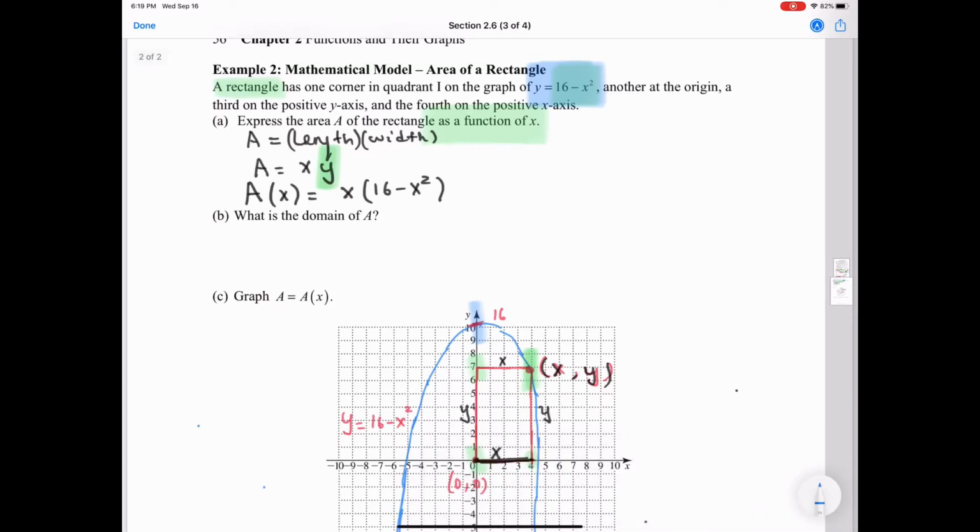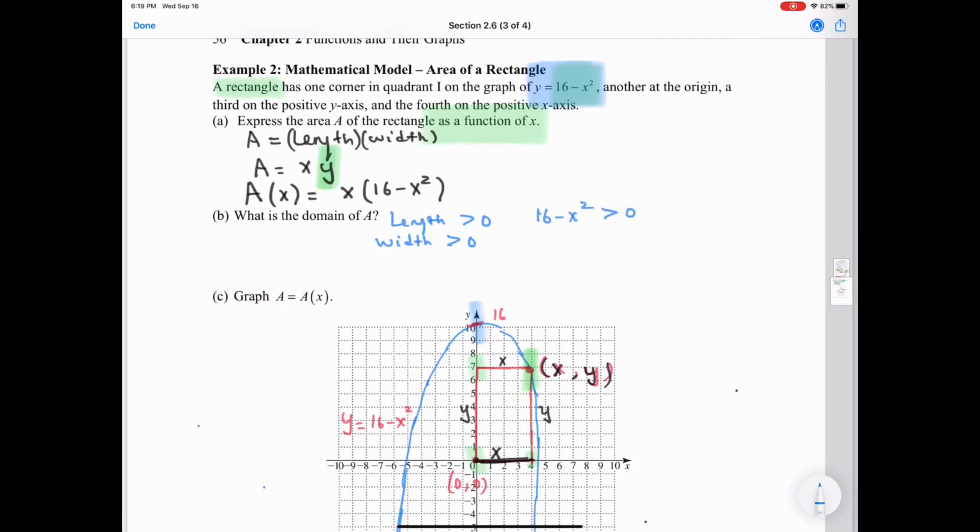Coming back to B, it's asking what is the domain of this function. Because this is a graphical function and it's a word problem, for this rectangle to be present, my length should be greater than 0 and width also should be greater than 0.